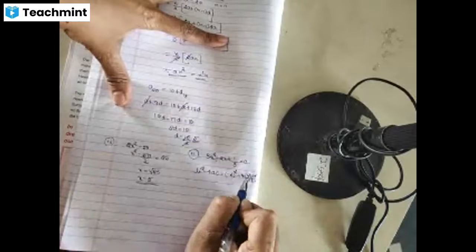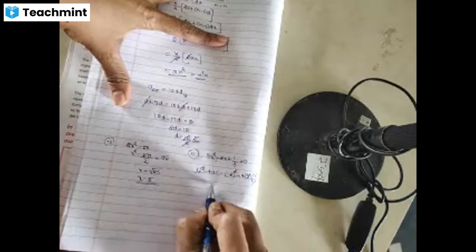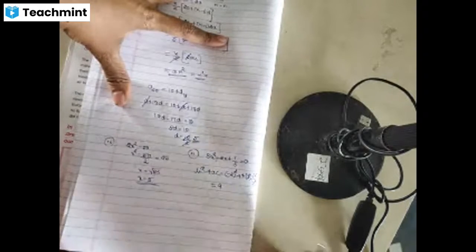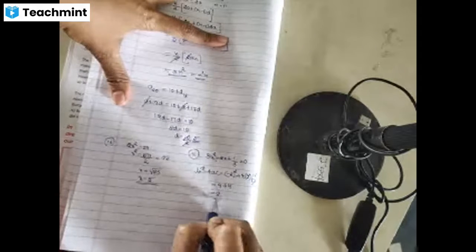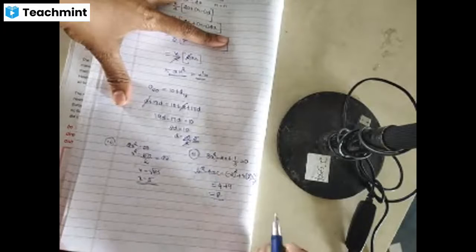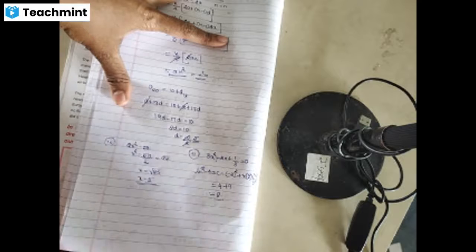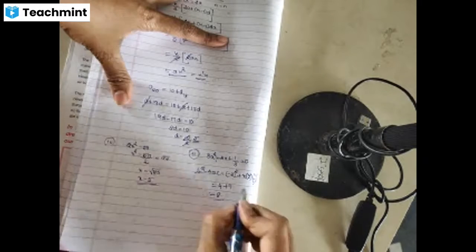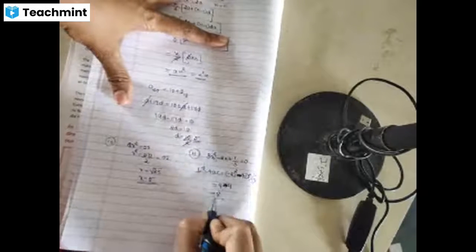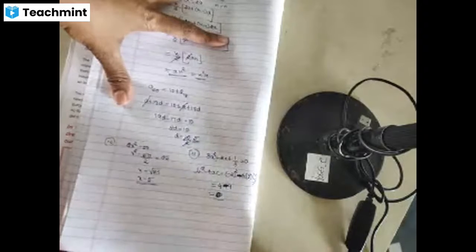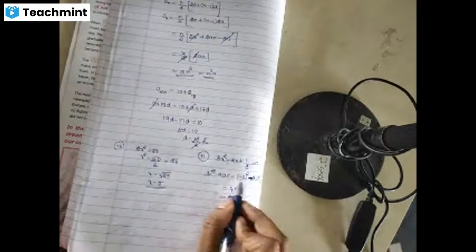Now you look here, 3 and 3 get cancelled. Minus 2 the whole square becomes plus 4. Here remaining is again 4. So the answer is 8. Oh, sorry, this is minus. 4 minus 4 is 0. B square minus 4ac. Okay.